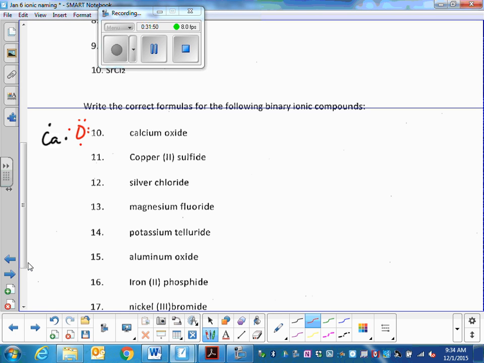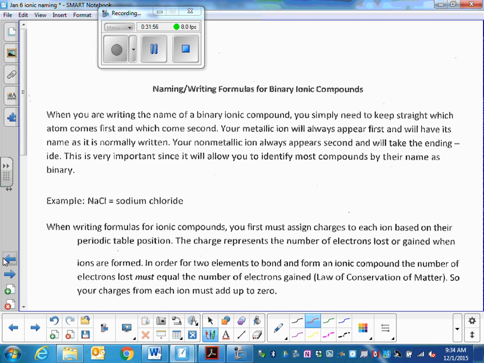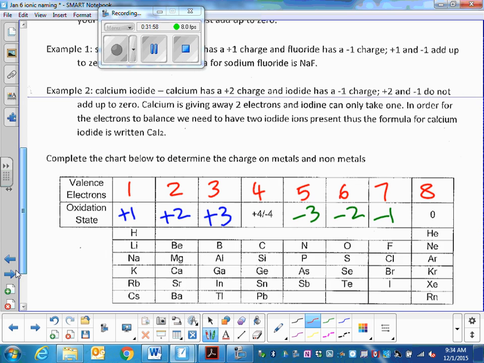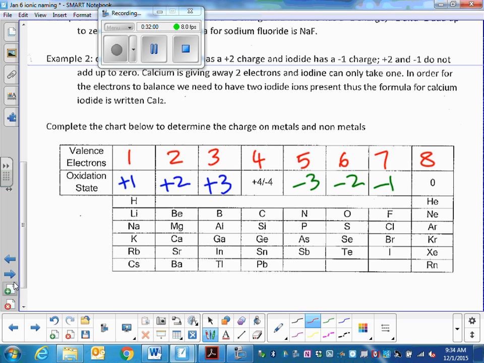Calcium gives 2, oxygen takes 2. But the easier way to arrive at formulas is, look up calcium. Will we be able to use this chart during the test? Use a periodic table.